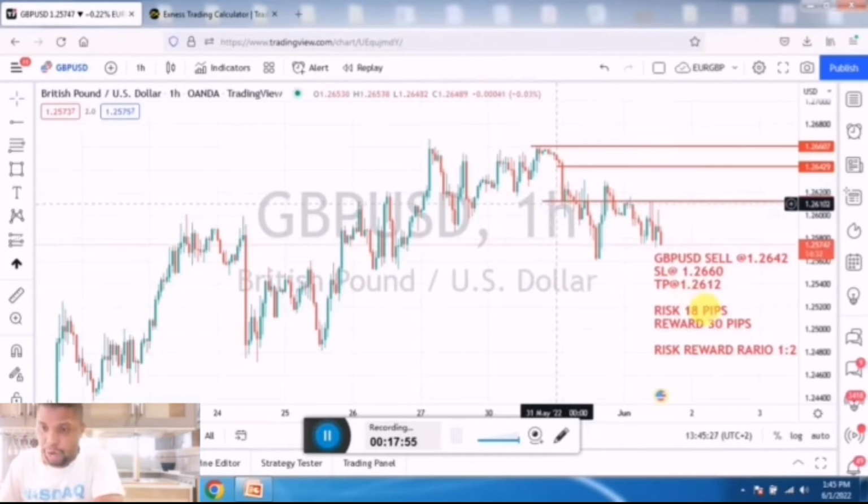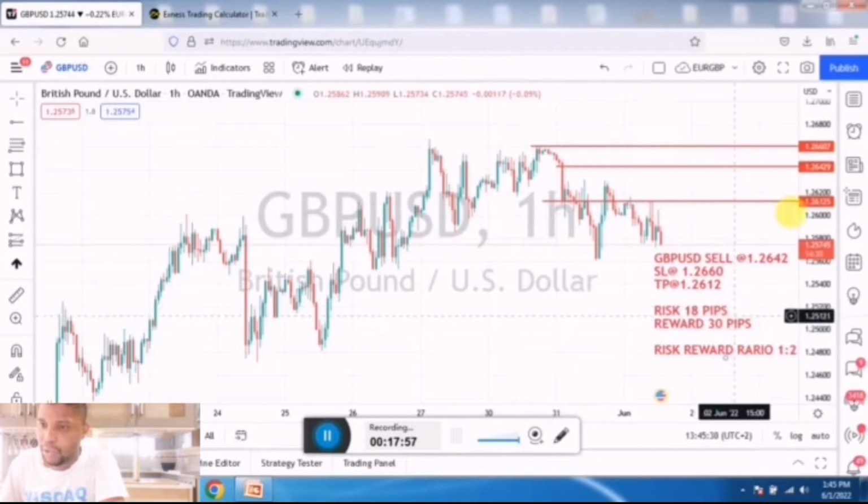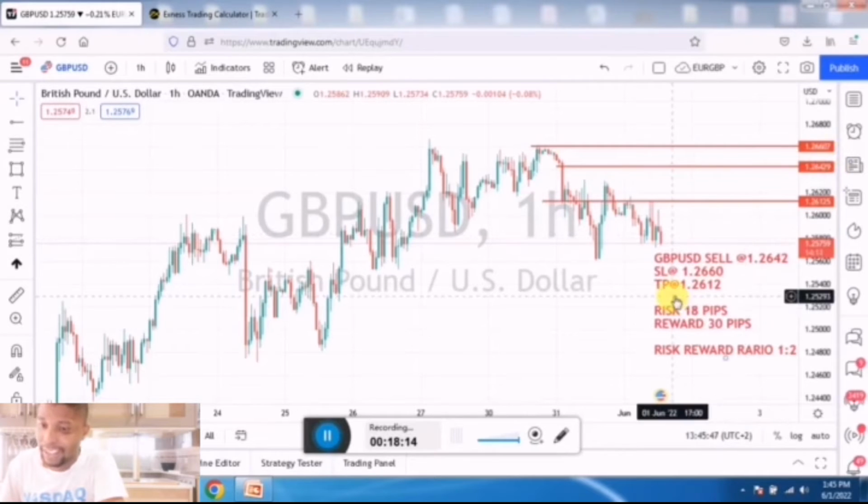So your risk was what? You sold at 1.2642, and your stop was at 1.2660. So your risk was 18 pips, 60 minus 42, yes, 18 pips.